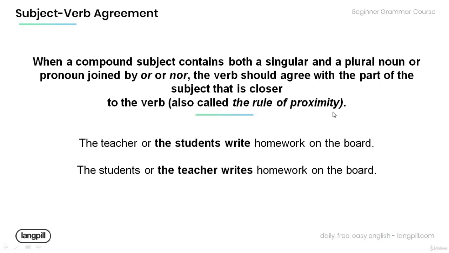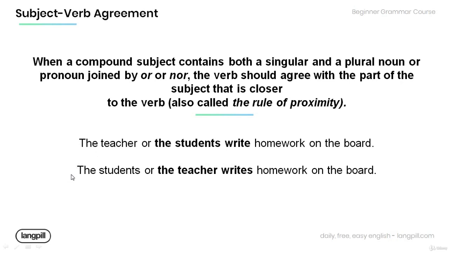Have a look at the examples below. The teacher or the students write homework on the board. Note how the teacher is singular, but the students is plural. And so the verb write needs to be in its plural form.